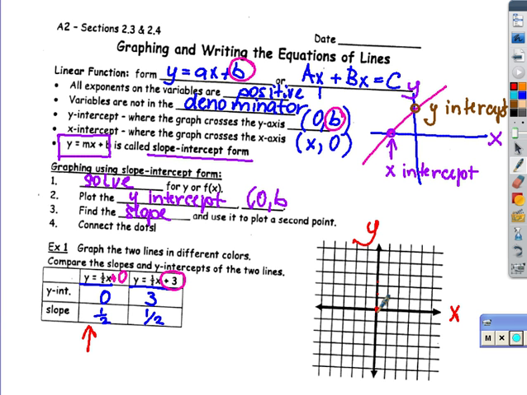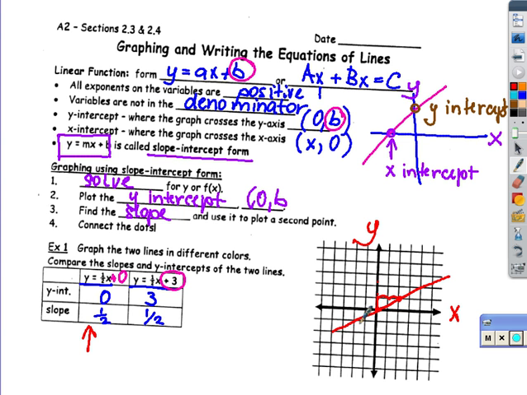And our slope is 1 over 2. You know that rise is 1 over run is 2. 1, 2, so this is our next point. We have 2 points. Find the slope, use it to plot a second point, and then, 4, connect the dots. That's it, and we will just continue with that line.